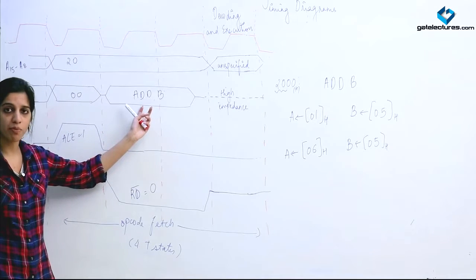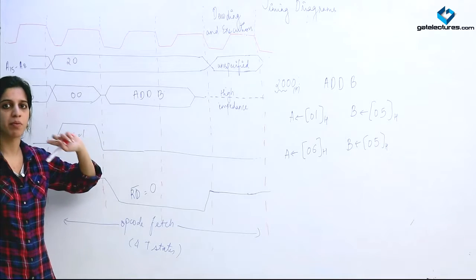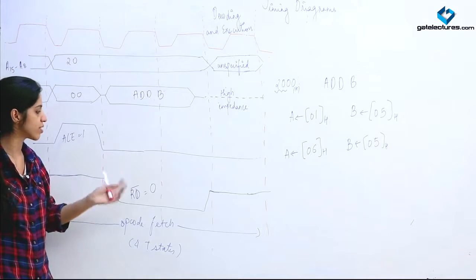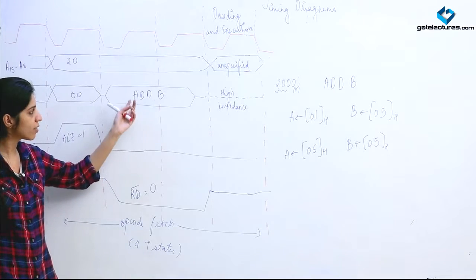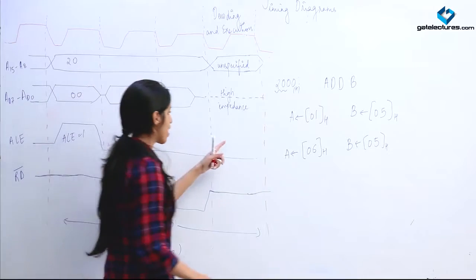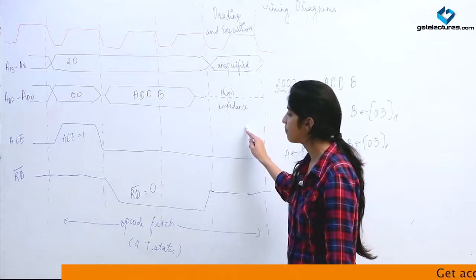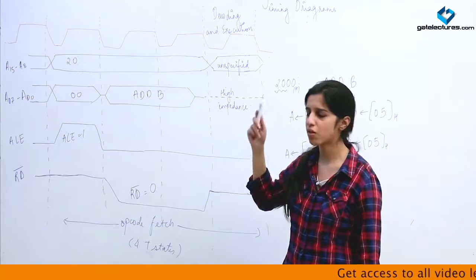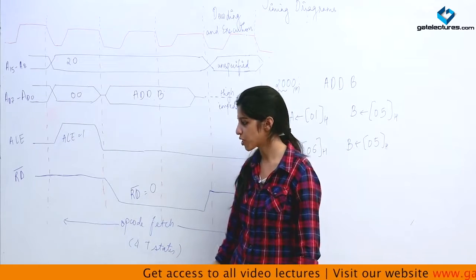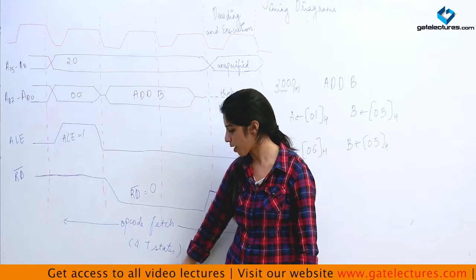If you are going to involve memory anytime, to read or write in the memory, you are going to require 2 clock cycles, 2 T states. Then for decoding, you require 1 T state. So, generally for opcode fetch of any instruction 4 T states are required.